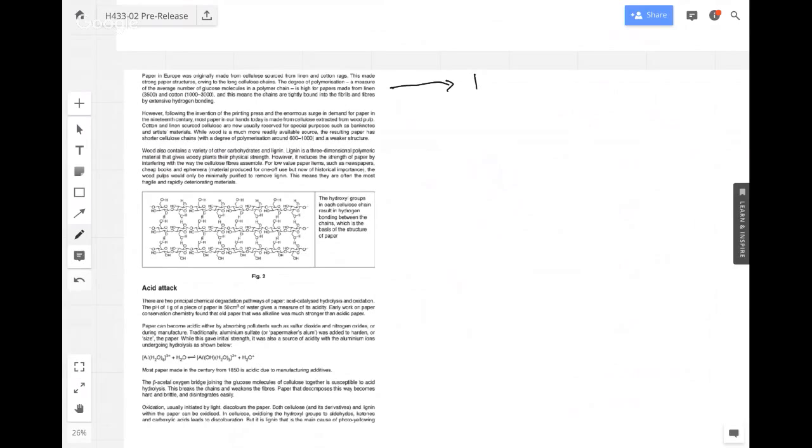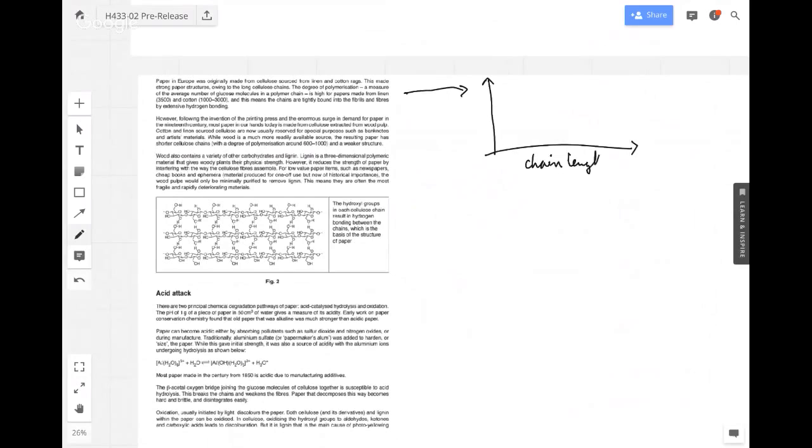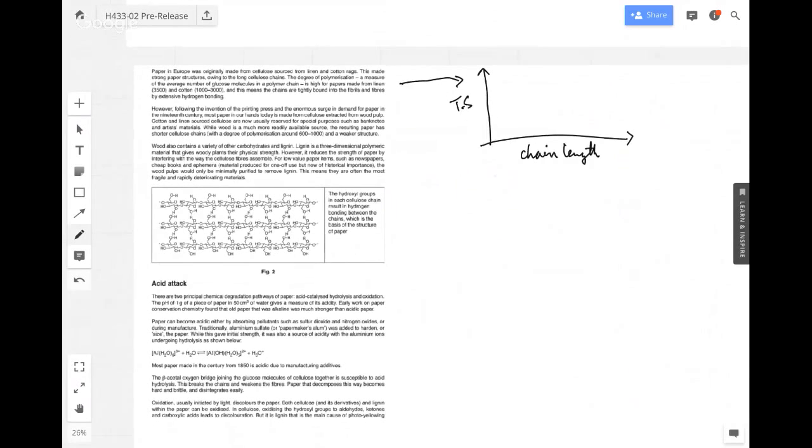So you can plot a graph, which used to be in the old spec. I'm trying to remember if it's in the new spec. I think it is. Of chain length there against tensile strength. So TS in this context is tensile strength.